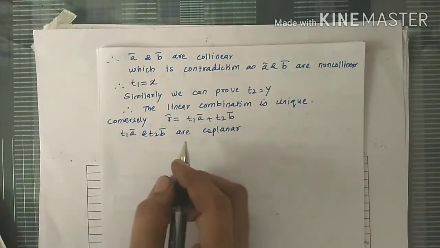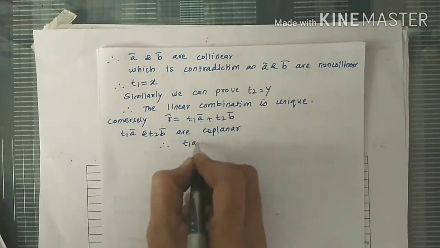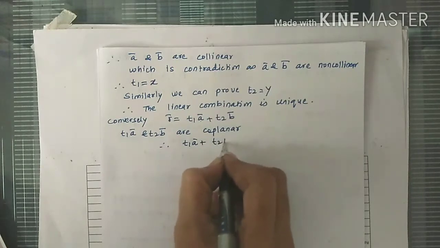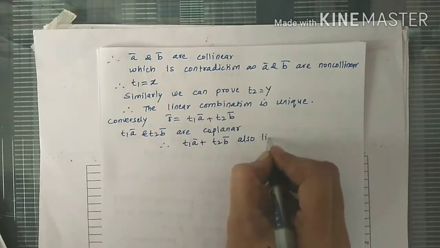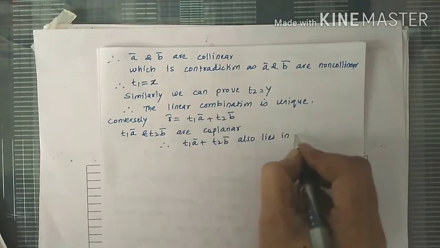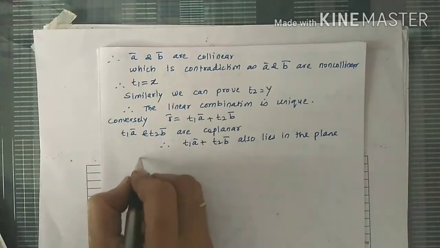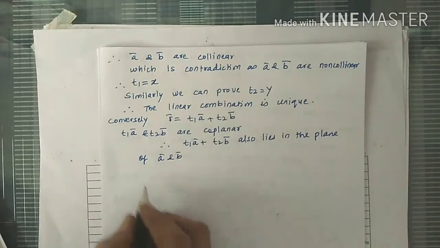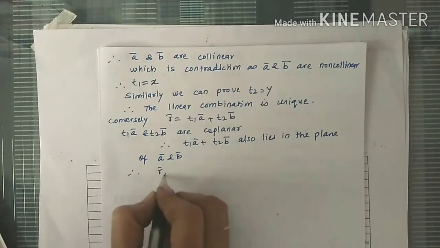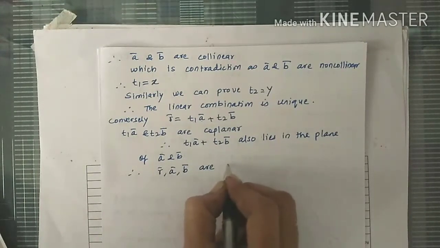As T1 A bar and T2 B bar are coplanar, their sum T1 A bar plus T2 B bar also lies in the plane of A bar and B bar. But this vector is R bar. Therefore, R bar, A bar, B bar are coplanar.